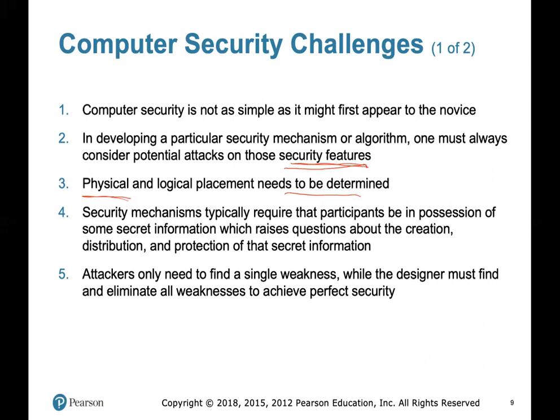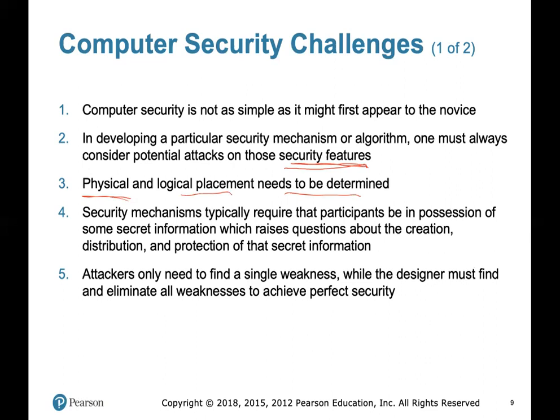You have a server which, say, all the airplanes or underground trains connect to in order to get some routing information. If I'm an attacker, the easiest thing for me is just to shut the system down. If you don't make your system physically secure, I can do that. So physical placement plus logical placement, both of them matter.